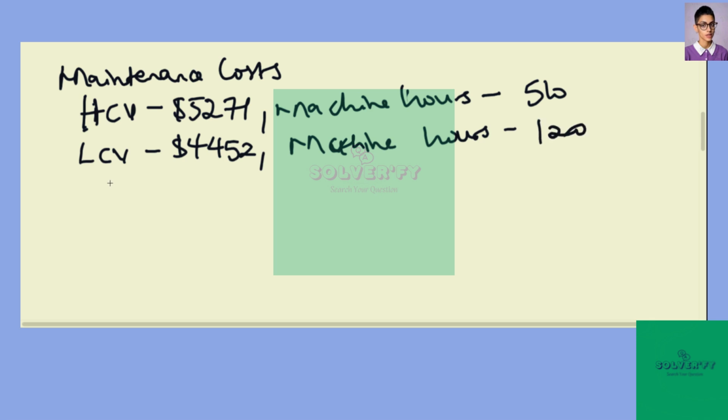So the slope coefficient B would be YH minus YL divided by XH minus XL.